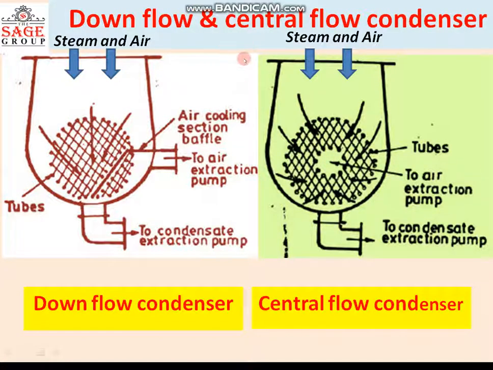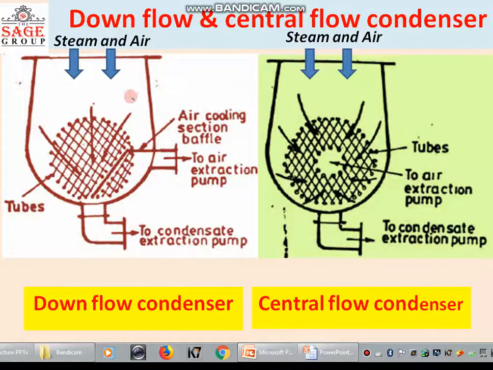Then there are two types: the downflow and the central flow type of condenser. You can see in both cases they are showing the sectional view of the downflow condenser as well as the central flow condenser. In this condenser, steam and air are coming from the top side, and there are tubes of small diameter through which water will pass at very high speed.